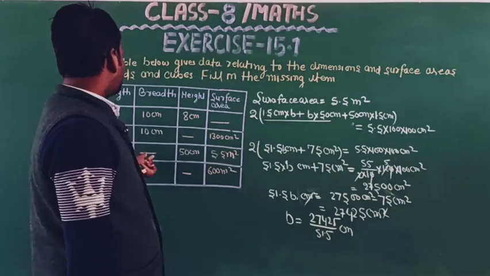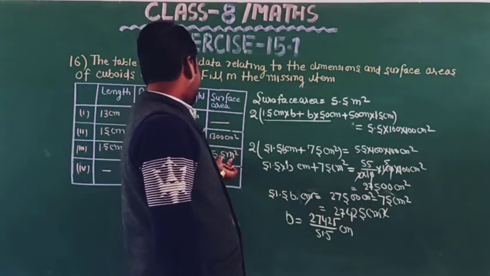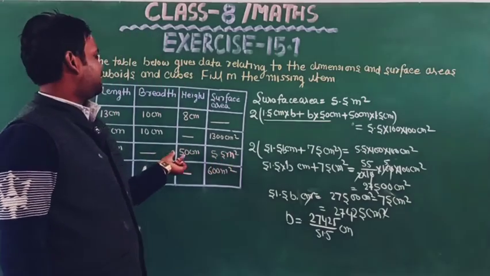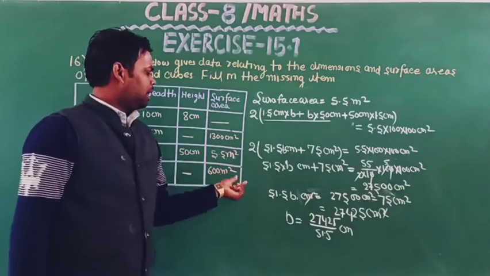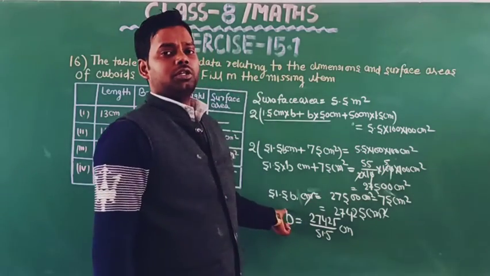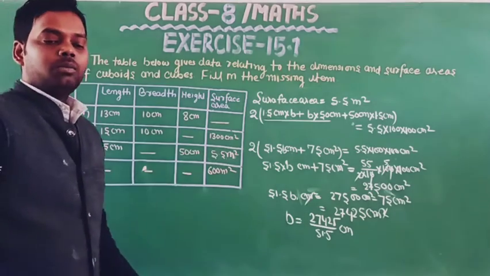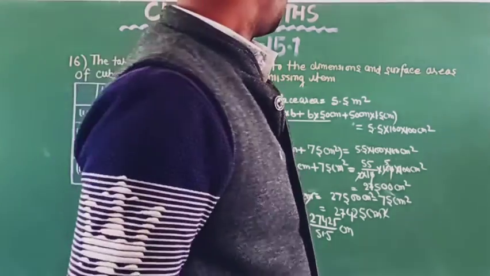For the third part of this question, I think the data provided by the book is incorrect. Okay, so we have to leave out this question. Now move to its fourth part.